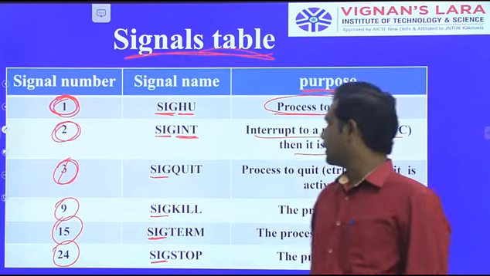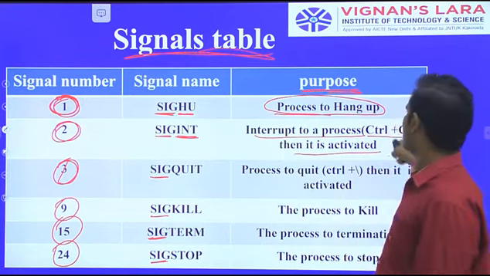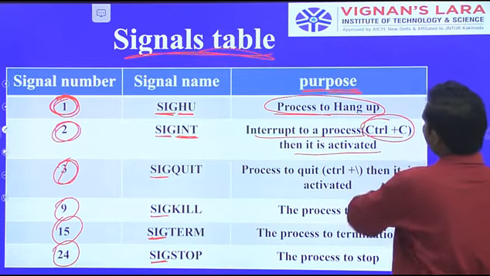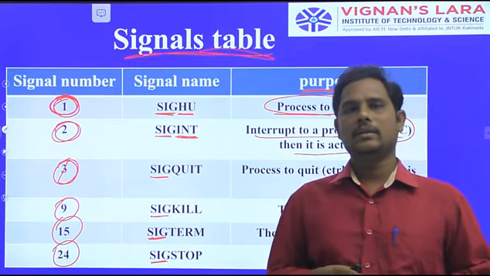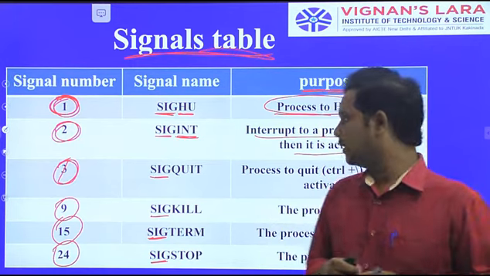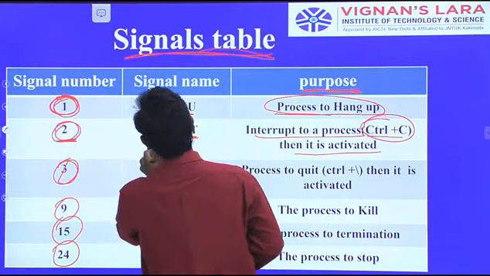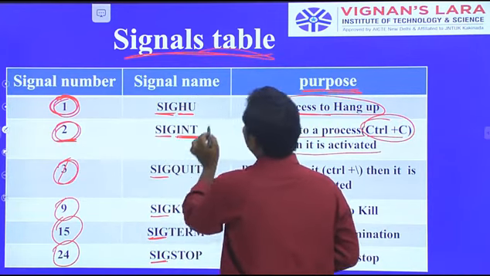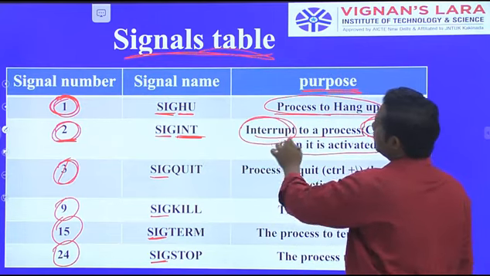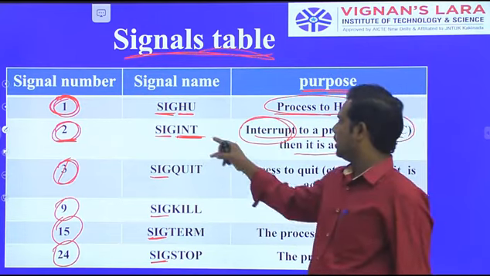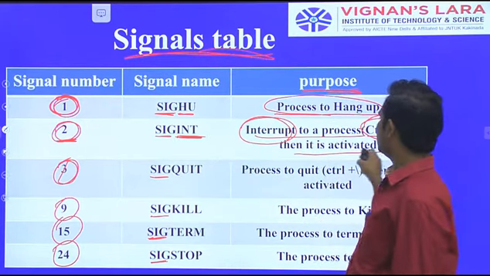When we press the Control C button, the signal is activated again and without interrupt it will be executed. So signal number 2 means SIGINT, interrupt to a process, activated with Control plus C.